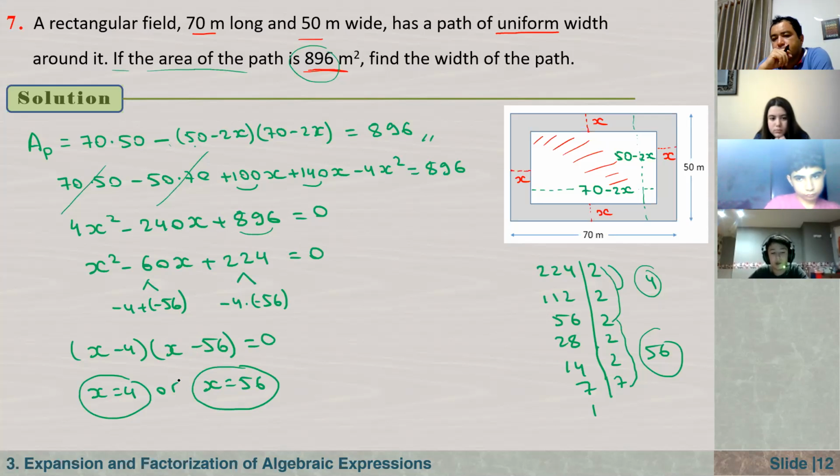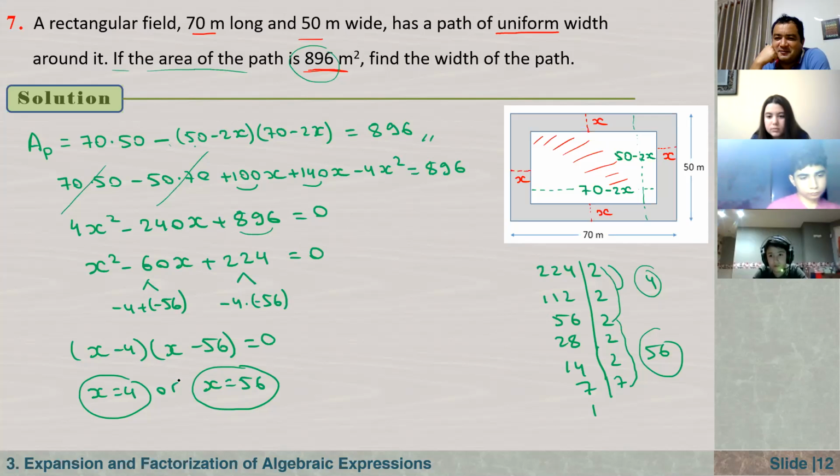I think both. Daphne, how about you? I think it can be 4. And why not 56? I don't know. In 896, it just feels way too much.